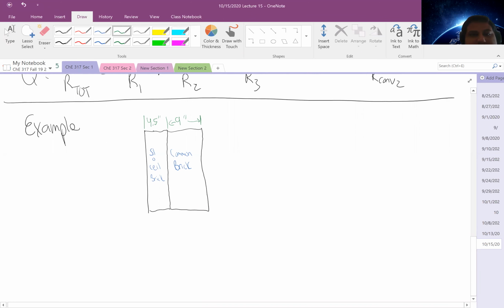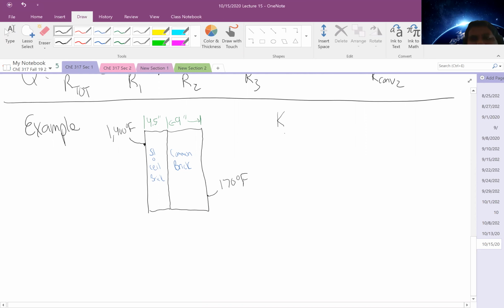I was told that the temperature on the inside wall, which I'm going to assume is the silane brick, is 1400 degrees Fahrenheit, and that at the outside wall is 170 degrees Fahrenheit.